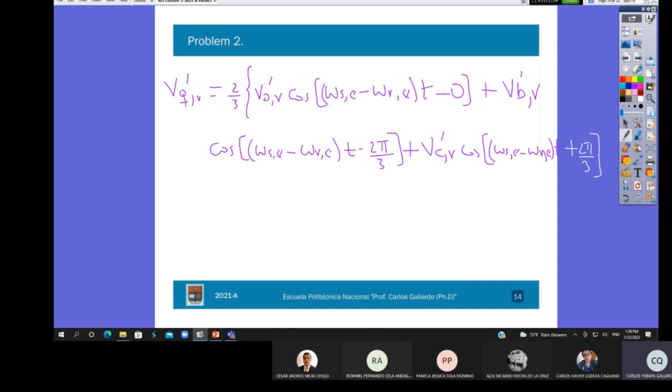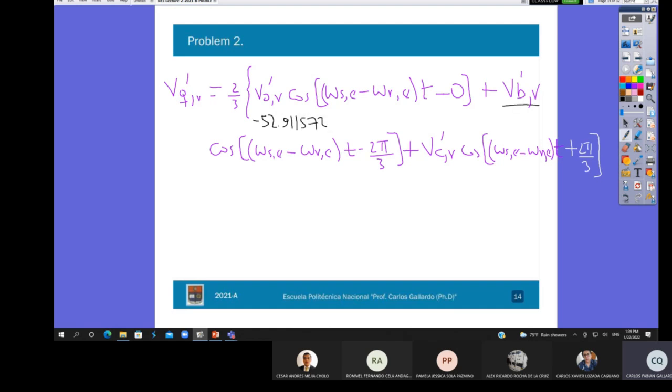So the voltage A, we have already computed this value, is negative 52.911572 volts.